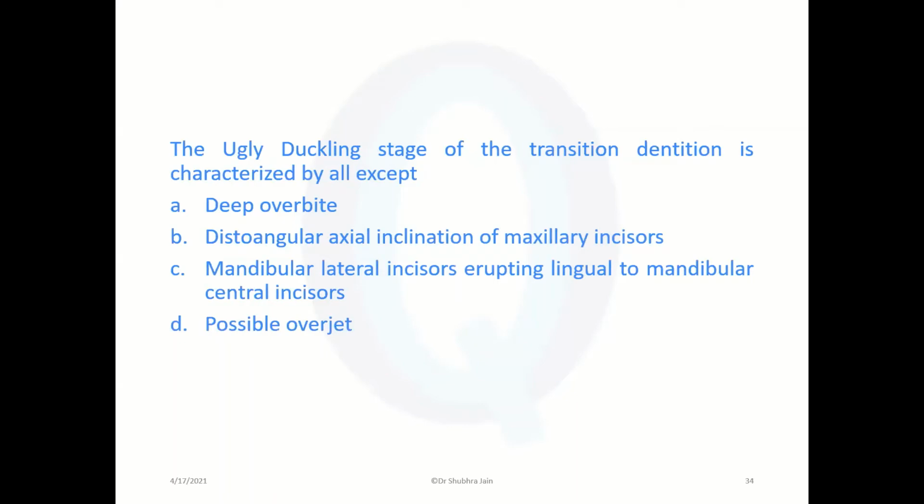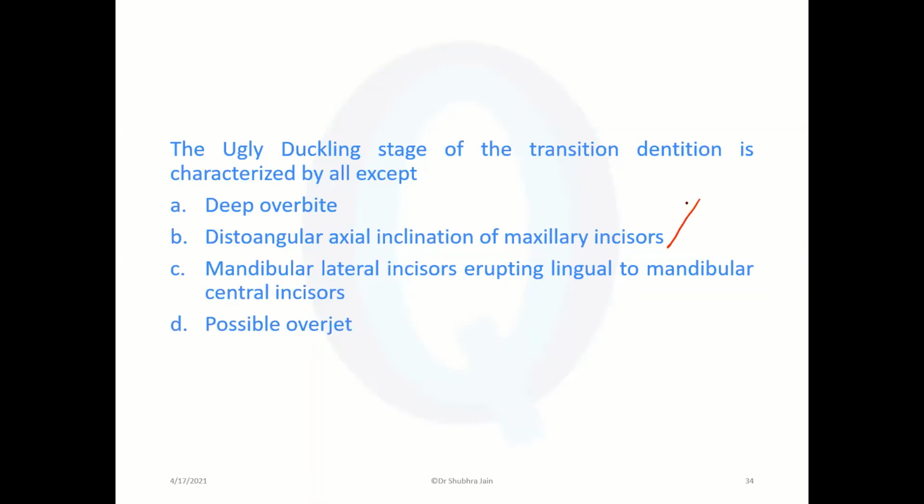Ugly duckling stage of transition dentition is characterized by all except. We might not have discussed a few things from this, but let's see what we know. Disto-angular axial inclination of maxillary incisors.